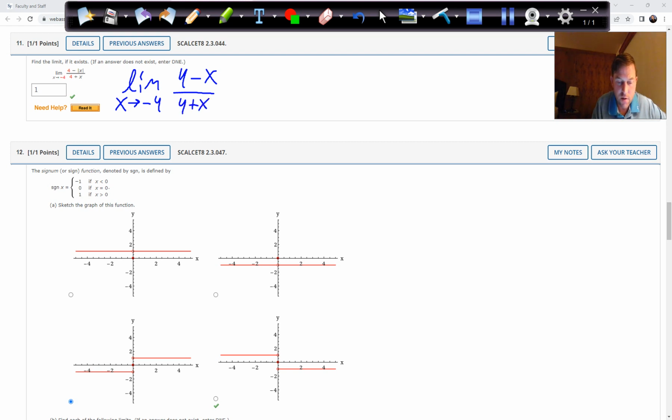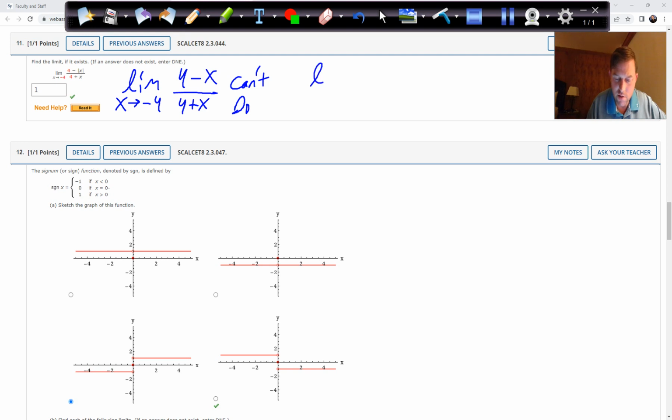And to handle this one, you can't actually simplify this at all. If that was a plus, they would cancel and it'd be nice. But these don't simplify, so you can't plug in -4. If you plug in -4, you get 0 in the denominator, and so we have a problem. So we can't do this one.